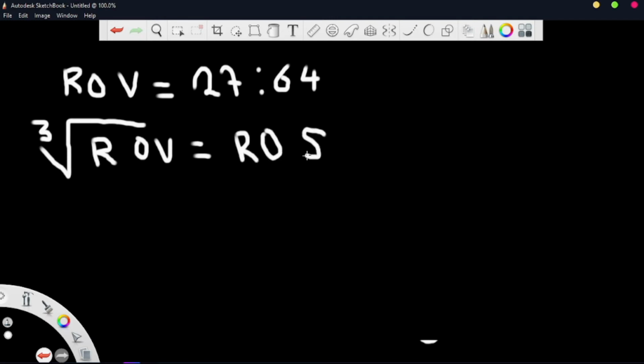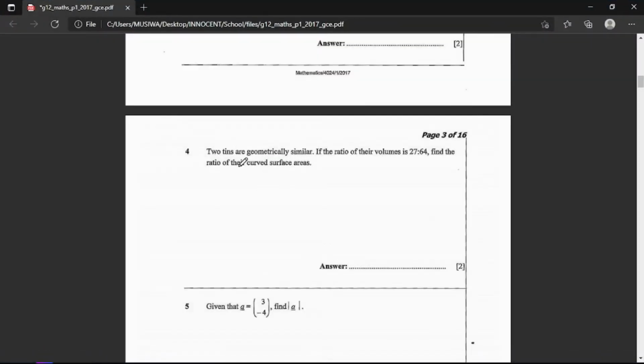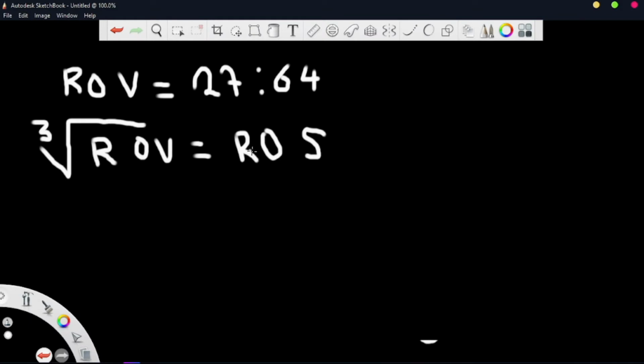If we want to find the ratio of areas, first we have to find the ratio of sides, because our question is asking us to find the ratio of their curved surface area. So this is what we are looking for right here. I'm going to have my cube root, my ratio of volumes are 27 to 64.